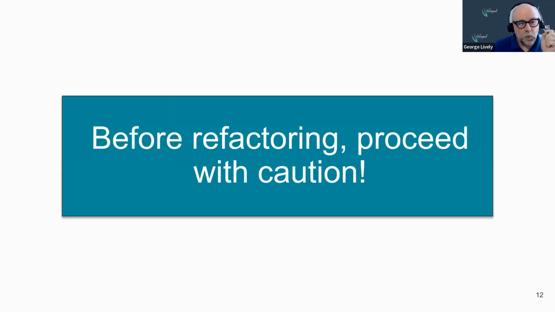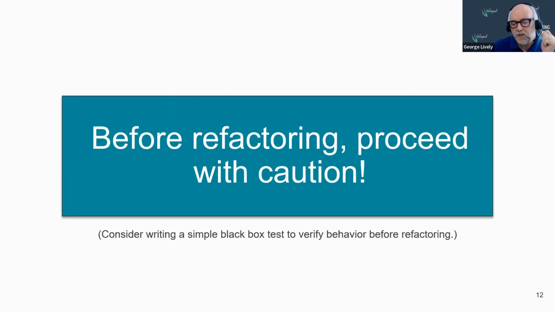But a word of caution before we actually embark on any refactoring, because that is what we will be doing. We want to make sure that we practice safety first, always. Sometimes, even though it won't be a unit test, it might be a good idea to write some sort of a simple black box test.